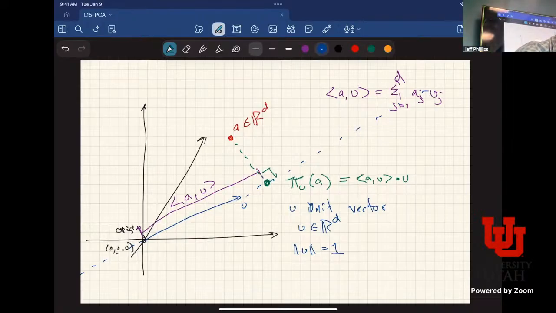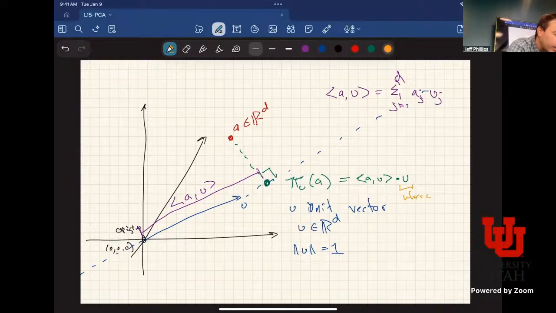So this part tells me where, and this part tells me how far. Ultimately this gives me a vector which is back in R^D. So this is a projection to a one-dimensional space, but it still lives in the d-dimensional space.